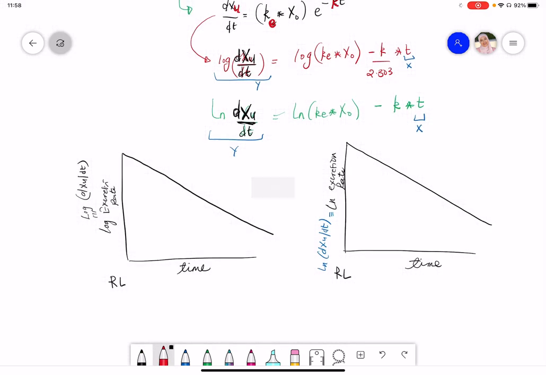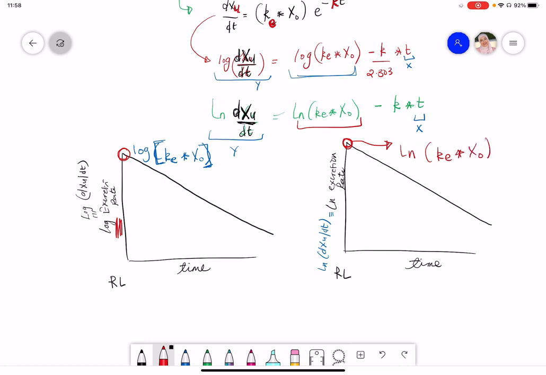The difference is in the y-intercept. If we are talking about log, our y-intercept would be log of ke multiplied by X naught, log of this term. If we are talking about ln transformation, the y-intercept would be the ln of this term.